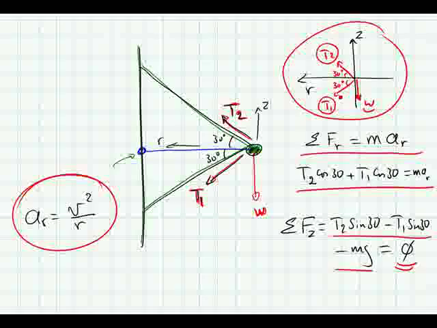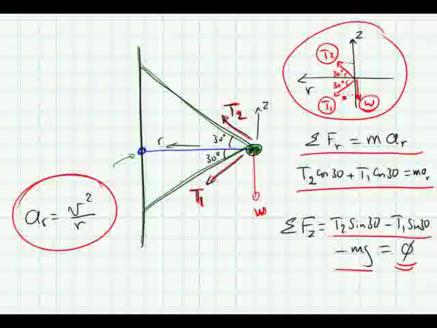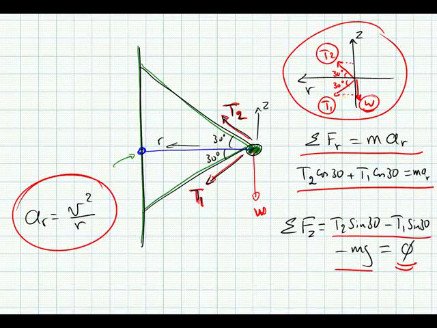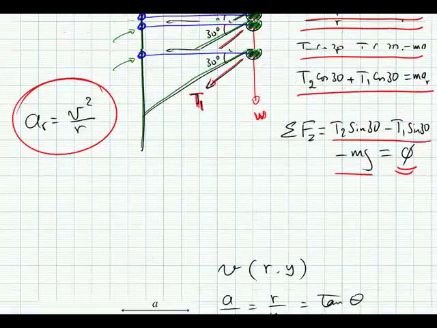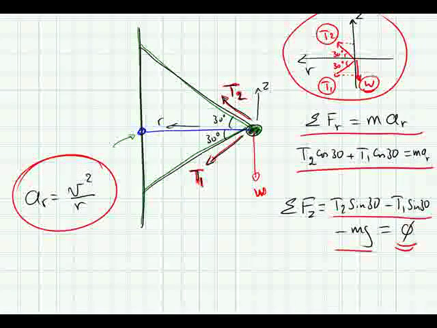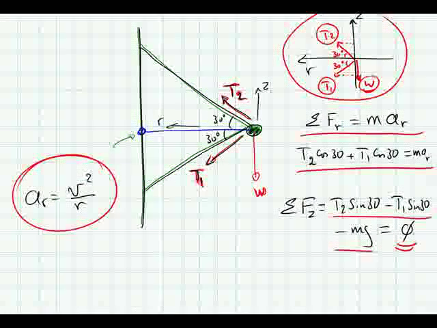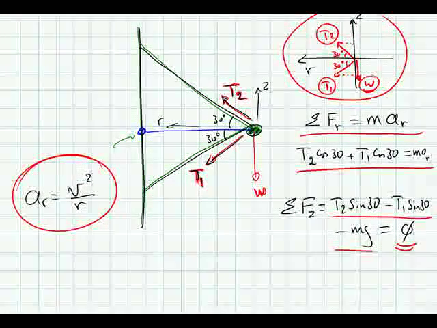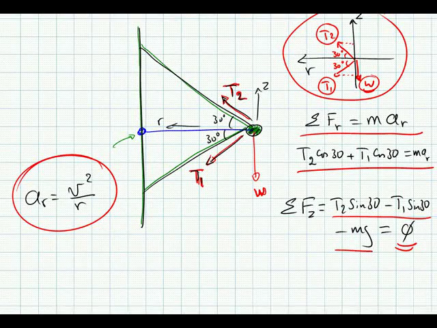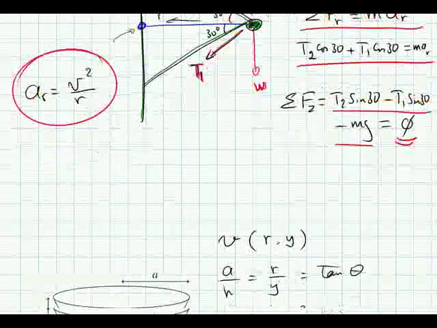So that's the z component of T1, z component of T2, and W here, and all that must equal 0. So now you can do your algebra to, for example, figure out, if you know the angles and the mass, what the tensions in each rod are. That's fairly simple algebra to conclude such a problem.